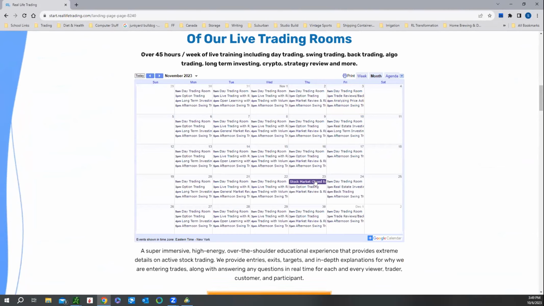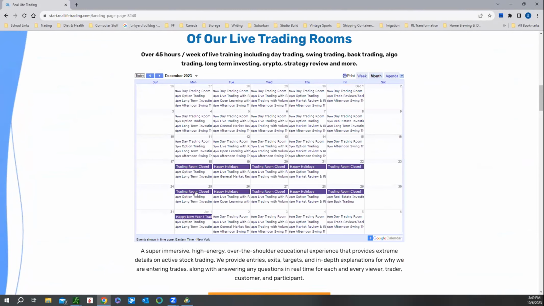Right here, see how this says stock market closed? That's for Thanksgiving. I thought I removed those already, but clearly I didn't. I have to go in there and do that. So yeah, we are open on Monday. We will be trading. We're here.